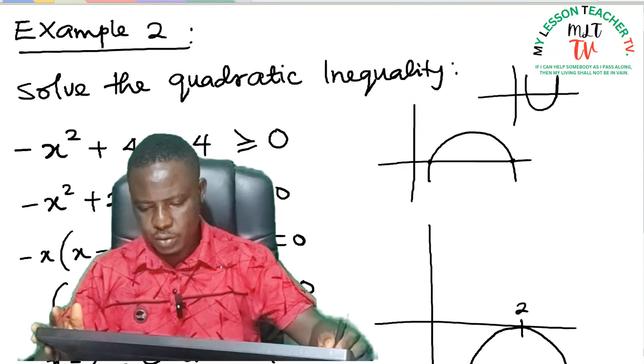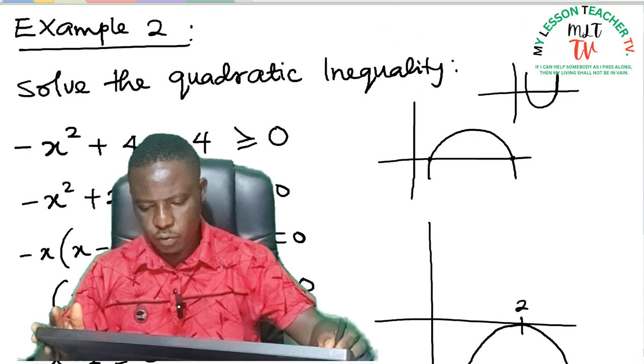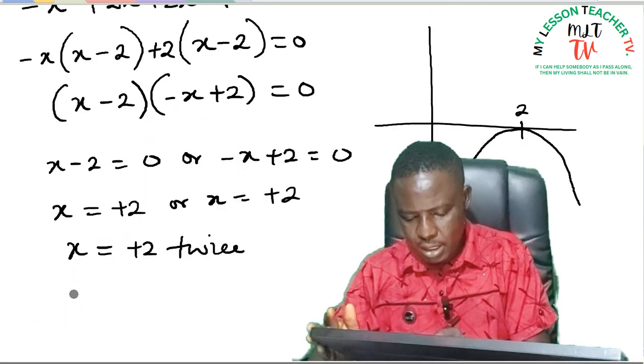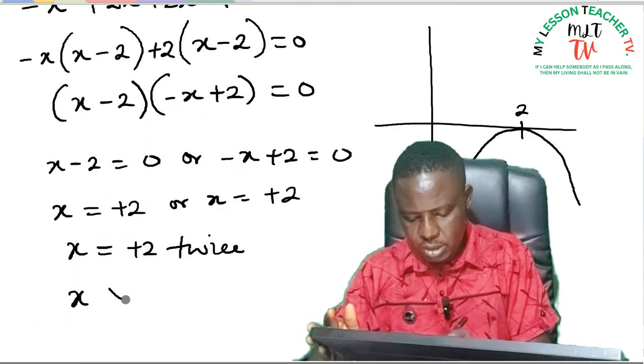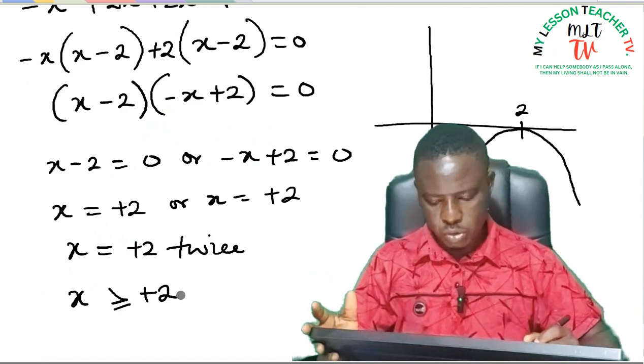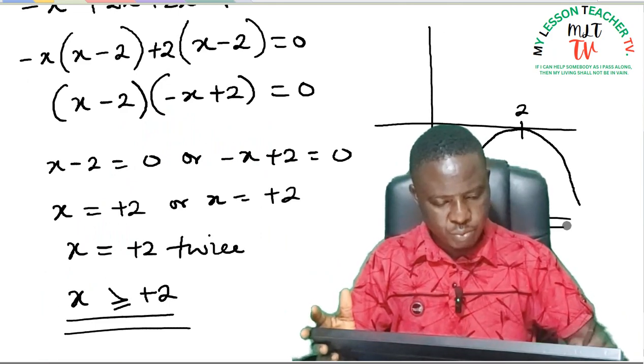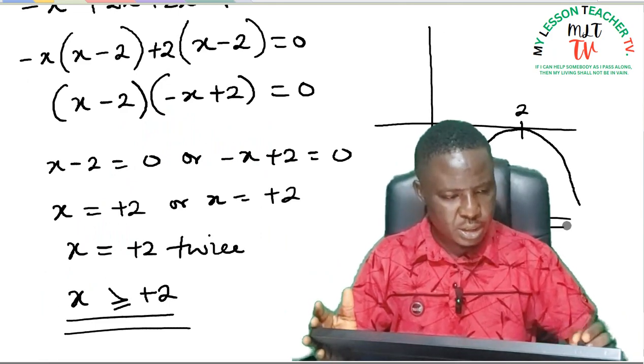We are asked to solve where this is greater than or equal to 0. So we have it that x is greater than or equal to plus 2. So this is the solution to our equation, and graphically this is how it is represented.